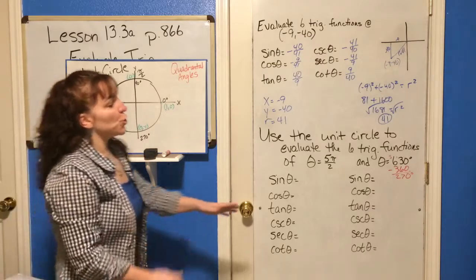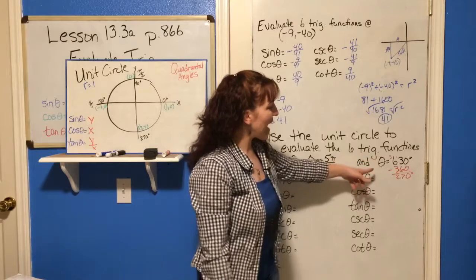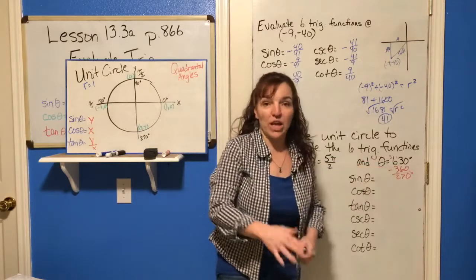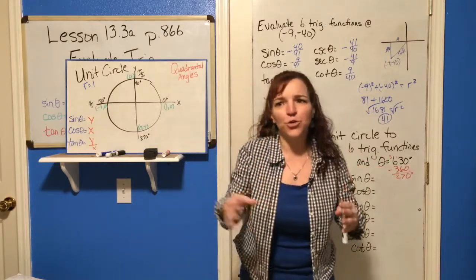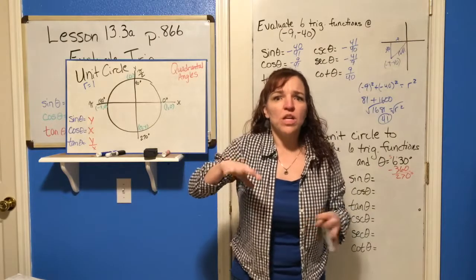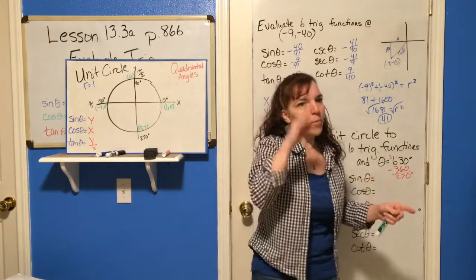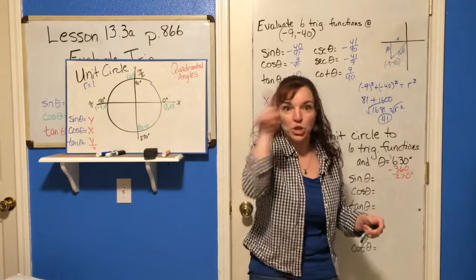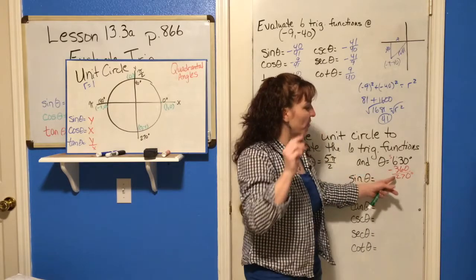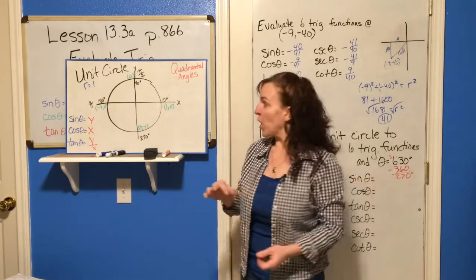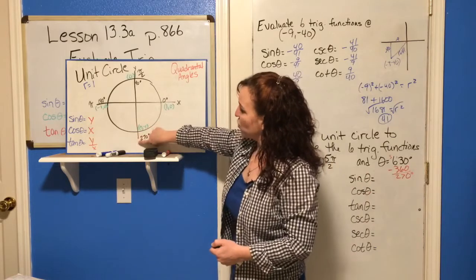So what we want to do, if I want to find the trig functions at theta equals 630, first I have to put that 630 somewhere on my circle. So I have to figure out at what point it is going to stop if it's going in a circle. So take the 360 off and we end up with 270. All right, so the 270 is right here.